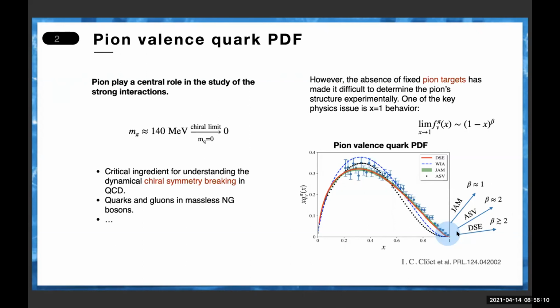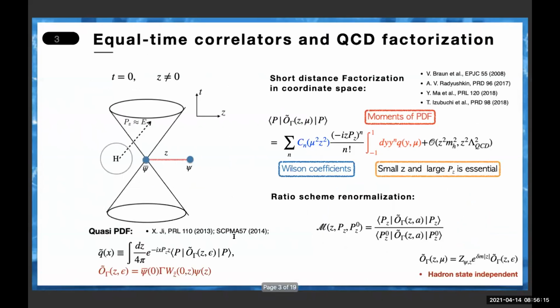Now we are trying to use lattice QCD techniques to investigate the pion valence structure. However, as we know, PDFs are light-cone quantities, which are unequal time, and therefore cannot be directly calculated from Euclidean lattice QCD. It was proposed by Ji that instead we can compute the matrix element of an equal-time operator.